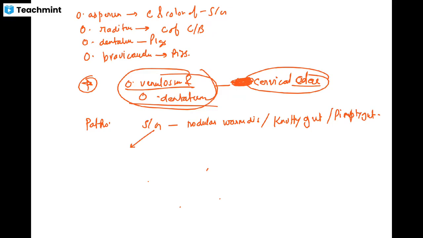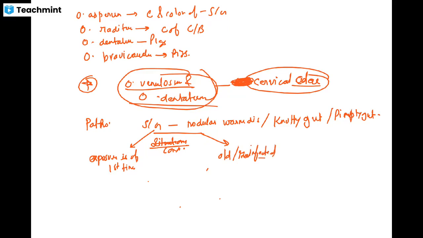In this case, two conditions may be present. First, if the exposure is for the first time, and second, if the exposure is old or it is reinfection. In the case of a reinfected animal, there is nodule formation in the intestinal wall, and it is known as pimply gut.